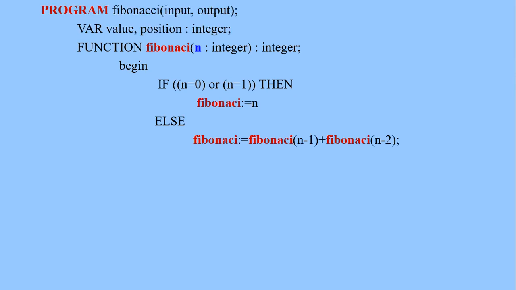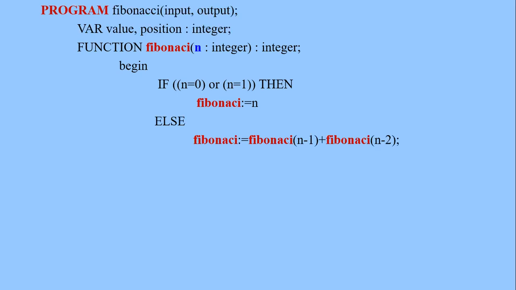Fibonacci of the parameter value received minus 1, plus Fibonacci of value received minus 2. And remember, when I say value received, it is the position. So if, for example, you receive 6, and that 6 is stored in n, then it will be Fibonacci of 6 minus 1, that is Fibonacci of 5, plus Fibonacci of 6 minus 2, that is Fibonacci of 4.